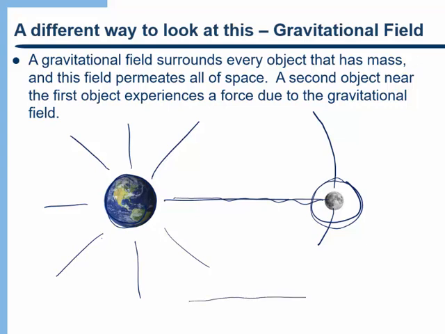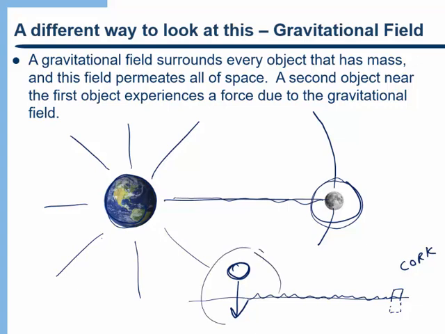Here we have a lake, and let's say over here we've got a cork floating in the lake. What happens if I drop a rock into the lake over here? Does the cork immediately start moving? The answer is, of course, no. The waves have to propagate to the cork. And once those waves get to the cork, it now knows that there was a disturbance over here.